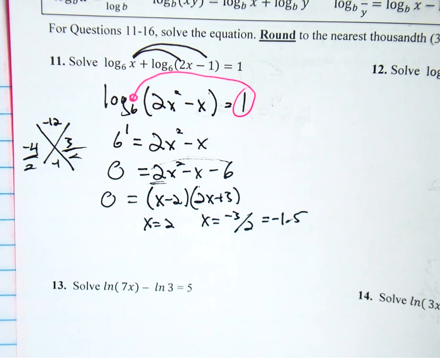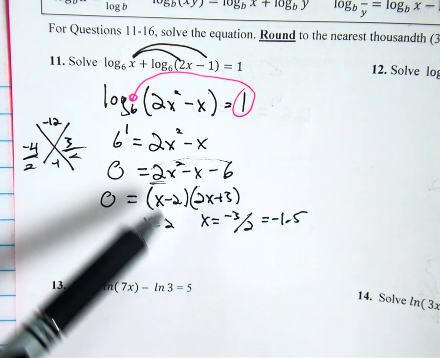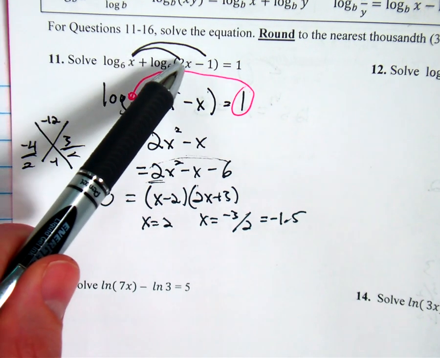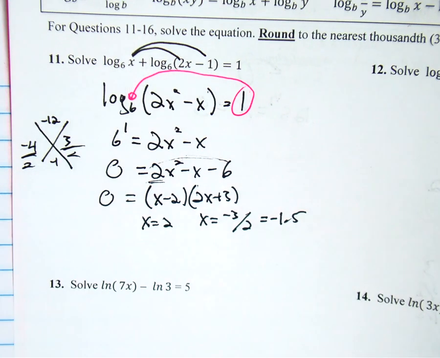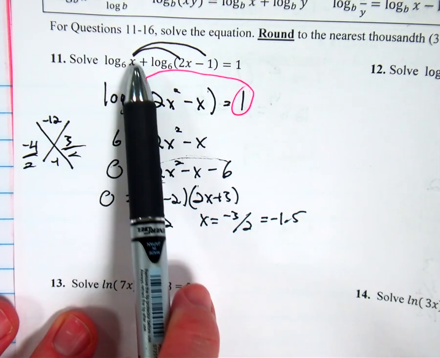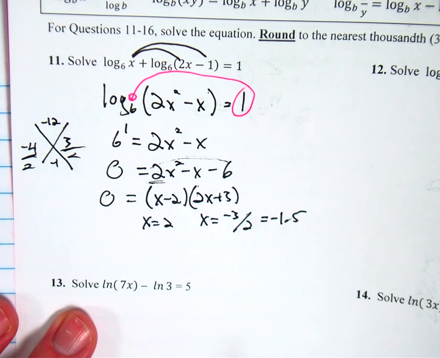Okay, kind of mentally double check. Again, this is not a log equals log, so we're not looking for them to be equal. We're just trying to make sure they stay positive. So if I put 2 in there, 2 times 4 minus 1 is 3, so positives. If I put negative 1.5 in there, negative 3 minus 1, also going to be negative. So that's going to be a no-no.